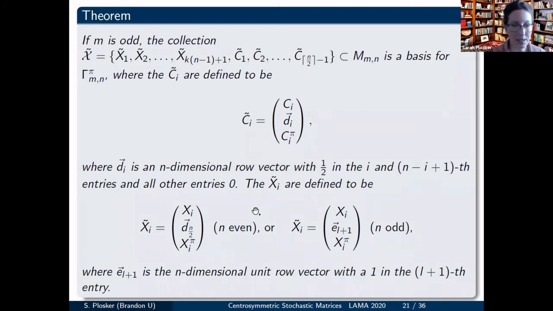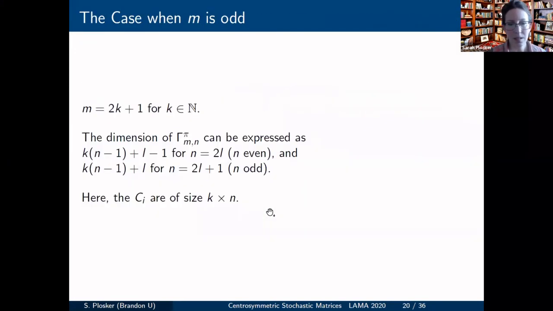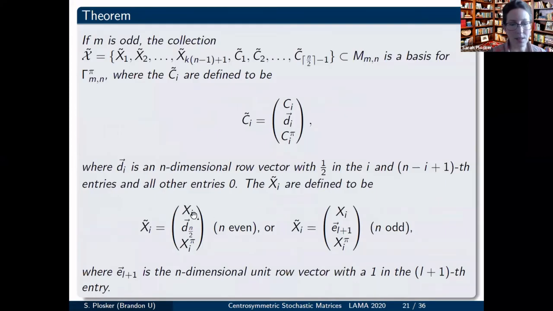And then the xi's are defined similarly, coming from that same basis that we looked at, where instead of 2K plus 1, you look at the K by N basis that you created here. And then you stick in the 180 degrees rotation at the bottom, and then you have this middle row again.